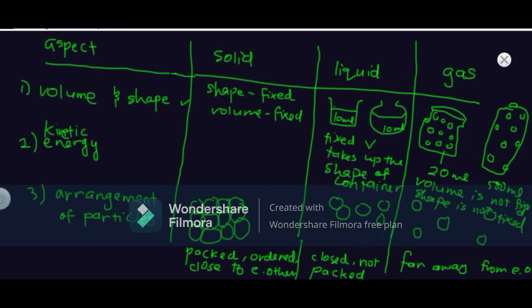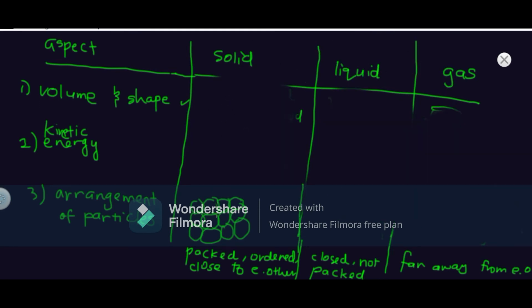So these are the differences in the aspect of volume and shape. Now let's take a look at the kinetic energy. If the particles are packed and very close to each other, we can say that the particles cannot move. They can just vibrate in their place.